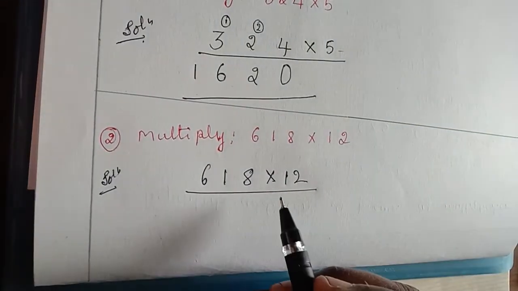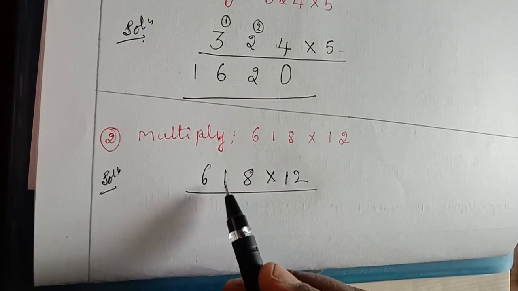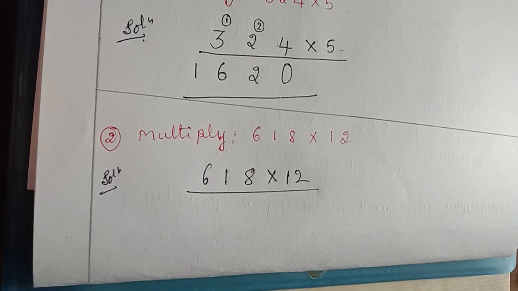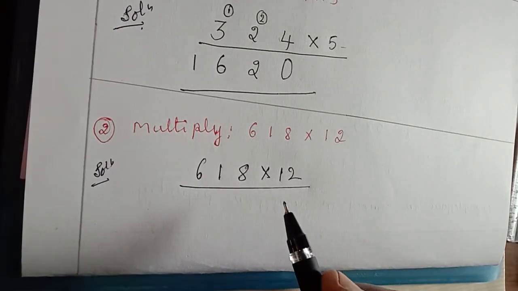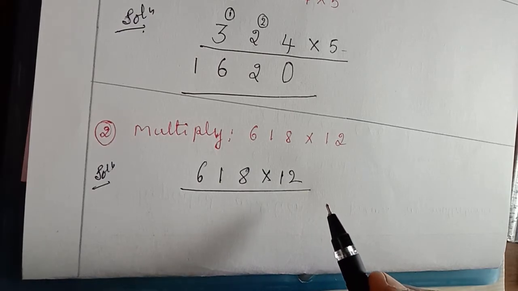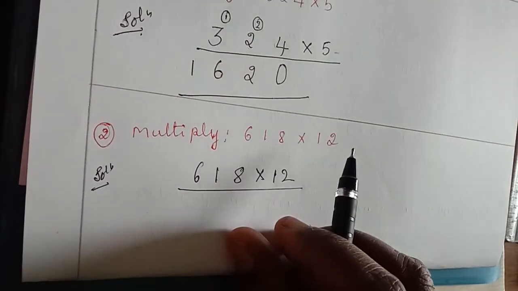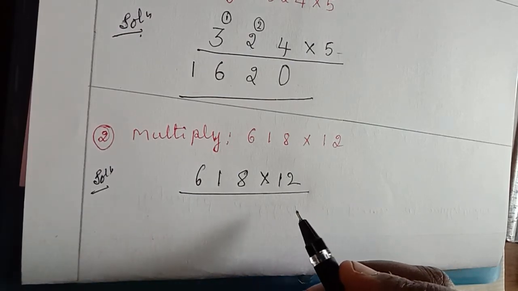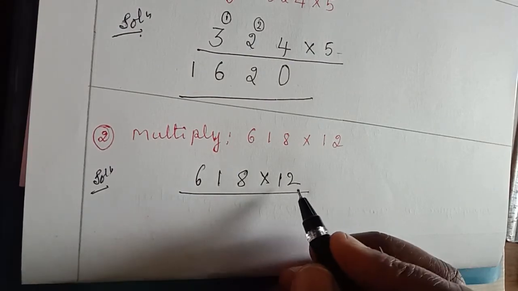We have to multiply each digit by the ones place, then the tens place. To do multiplication, what do we require, children? We require tables, right? We have to learn the tables, at least minimum 2 to 10.